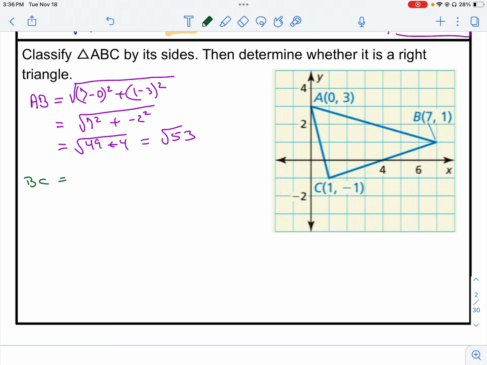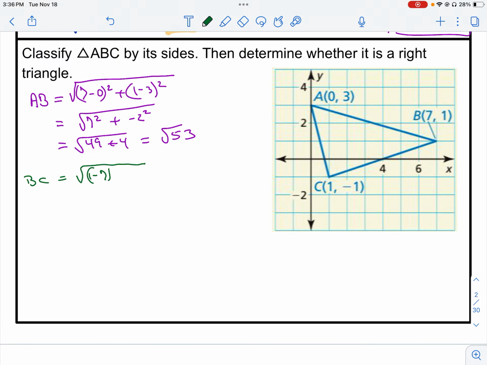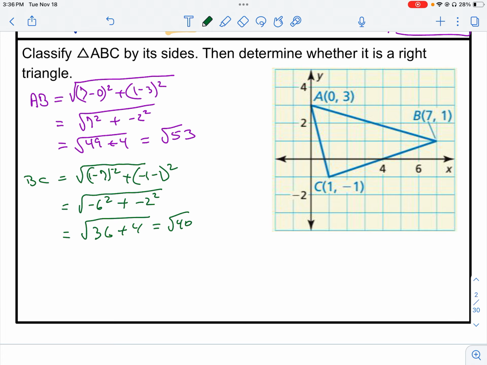And we're going to do BC. And we get 1 minus 7 squared plus negative 1 minus 1 squared, which gives us negative 6 squared plus negative 2 squared. So it's 36 plus 4, which equals radical 40.